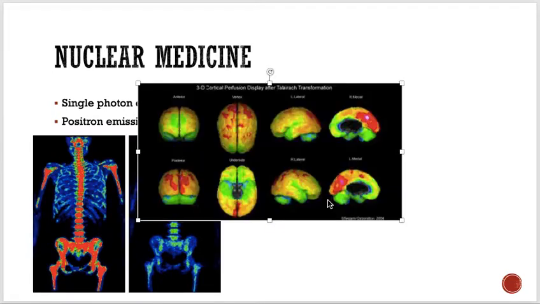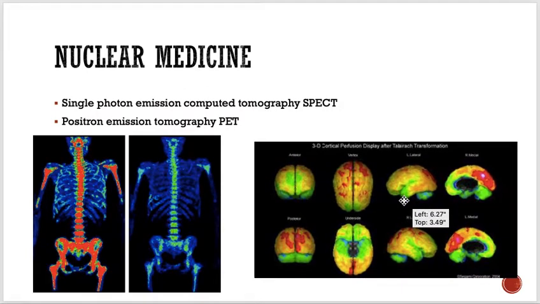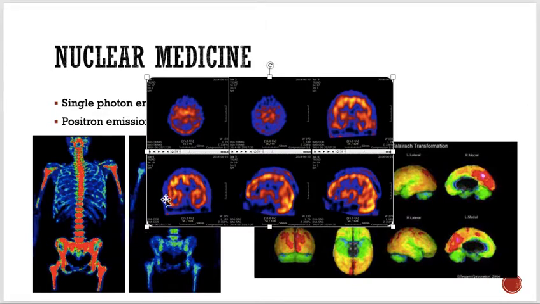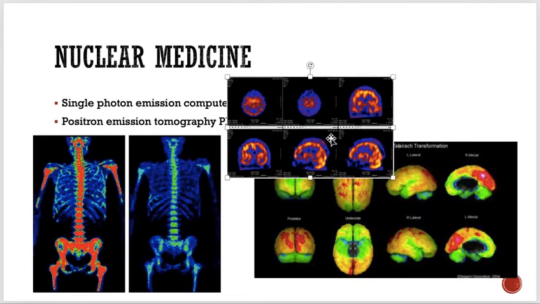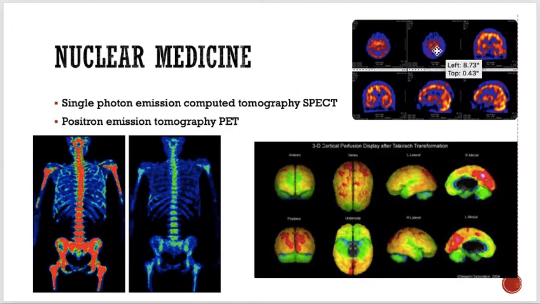For example, this one is a 3D cortical perfusion display. See, it's a type of nuclear medicine. Now the point is, SPECT or PET is a type of nuclear medicine, or it's a part of nuclear medicine.